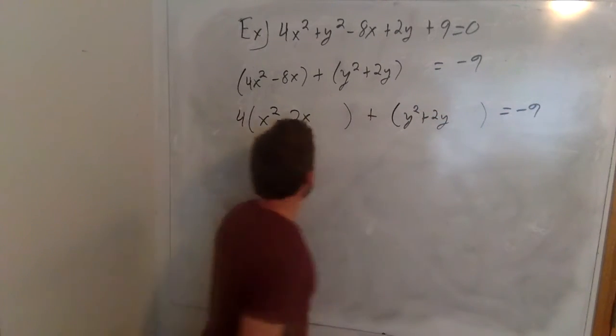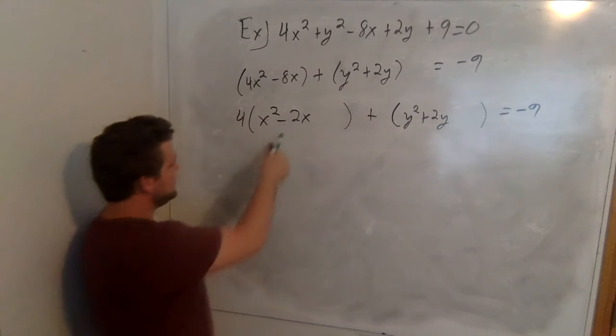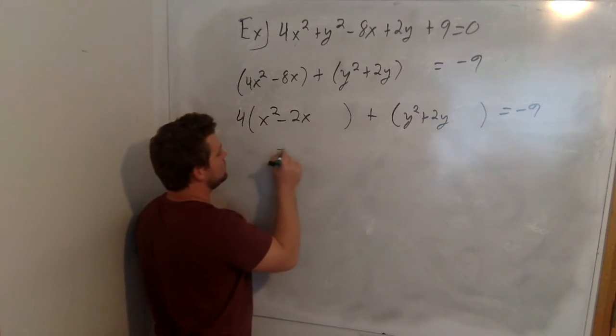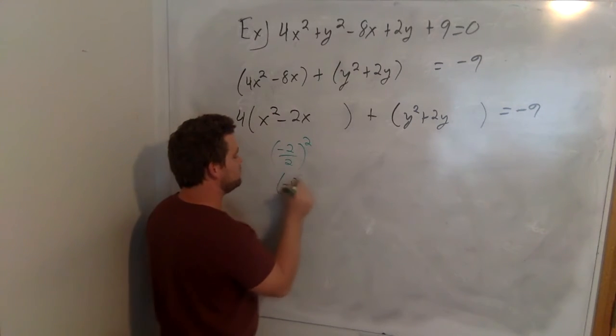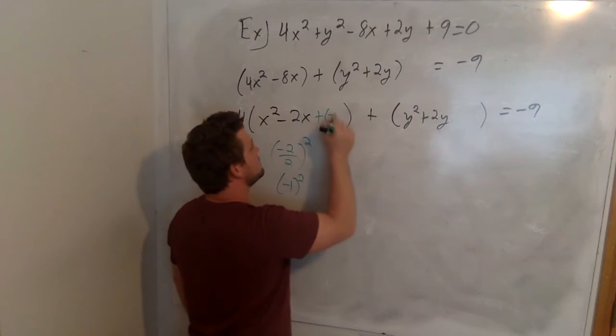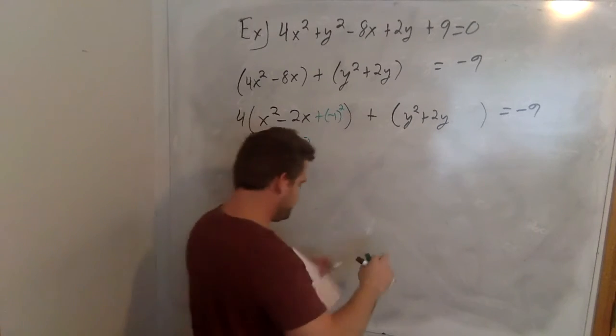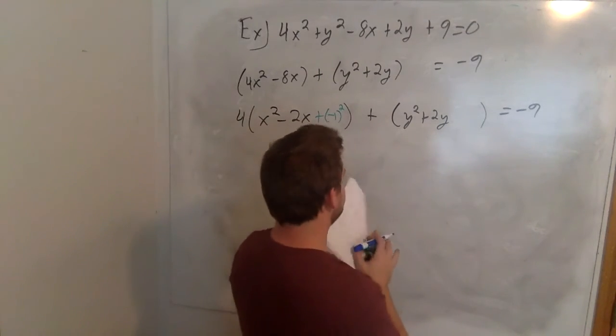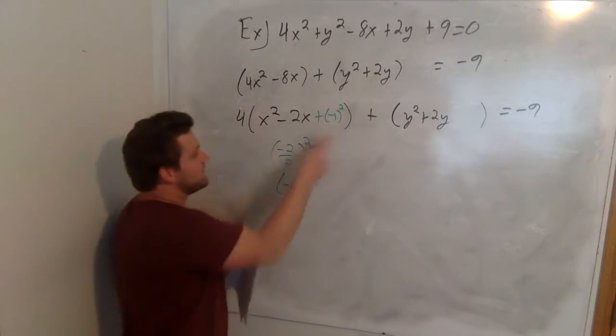All right. Over here, we would need to take the negative 2, cut it in half, and square it. So we'd want to add a negative 1 squared. Let's make sure I don't forget to add it to the other side.